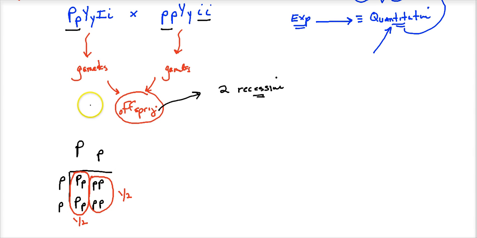So the chance of having just these outcomes is 1/2. Now understand this: this 1/2 plus 1/2 equals 1. These are mutually exclusive. There's either going to be a big P, little p, or a little p, little p.